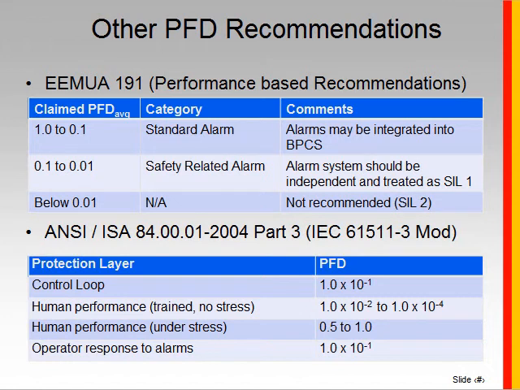They recommend to not assume a PFD of 0.01 or below, which would indicate that the alarm would be SIL 2. They do not recommend using SIL 2. And if you look at the ISA and IEC functional safety standards, they actually have recommendations on PFD values as well, typically 0.1 for the operator response to alarms.